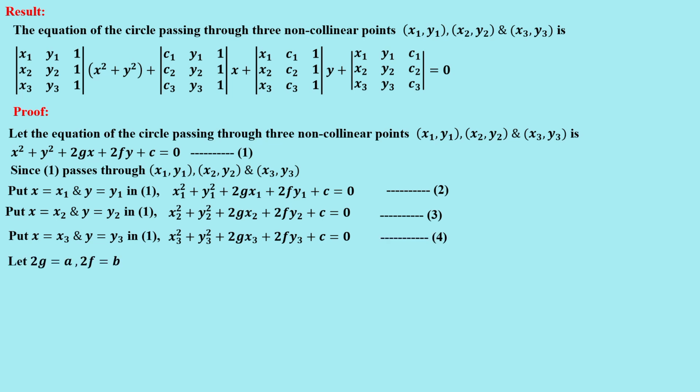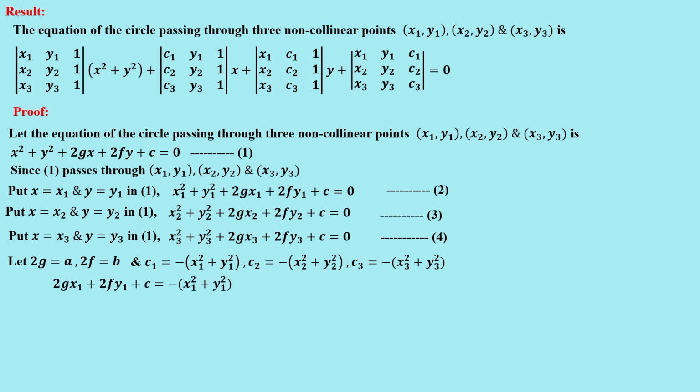Let 2g equal a and 2f equal b. c1 equal to minus (x1 square plus y1 square), c2 equal to minus (x2 square plus y2 square), and c3 equal to minus (x3 square plus y3 square). So in order to solve these equations, we are taking it like this, right?